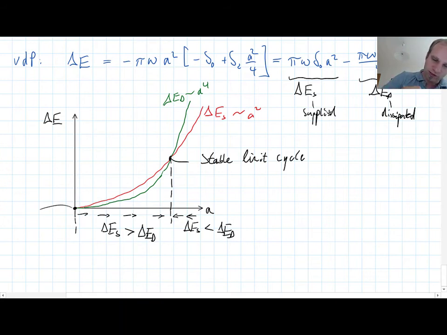And as opposed to that, this will be an unstable equilibrium point. So arbitrarily and therefore inevitably small perturbations will lead to a situation where we go away from this equilibrium position, and then reach this stable limit cycle.